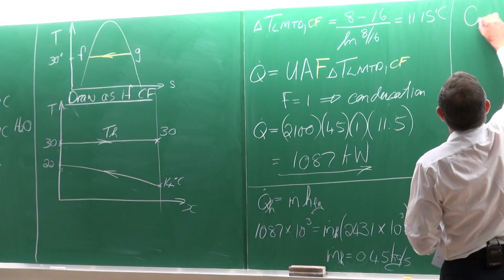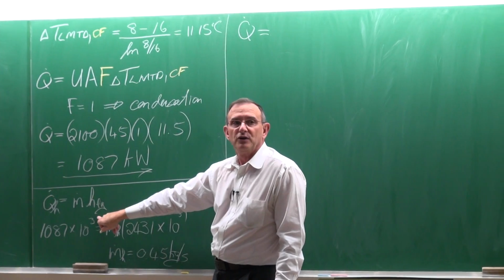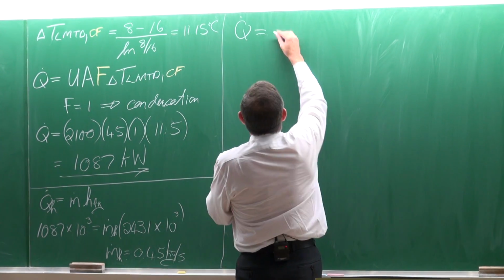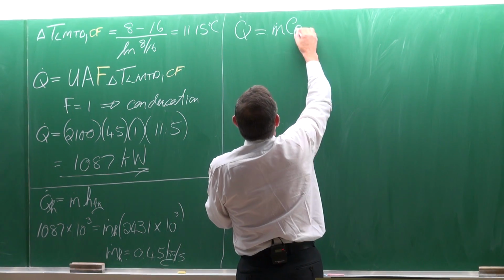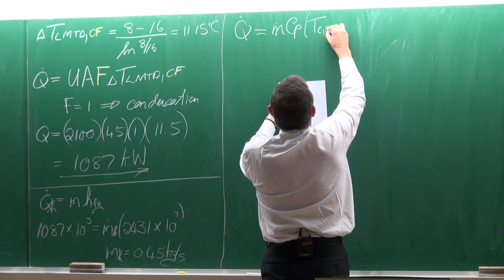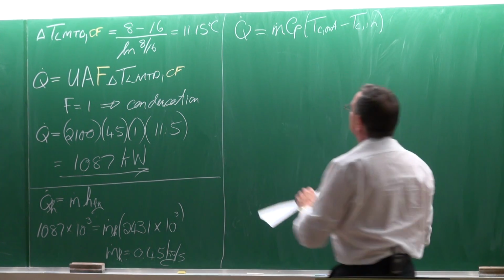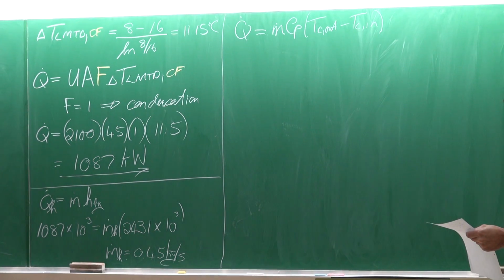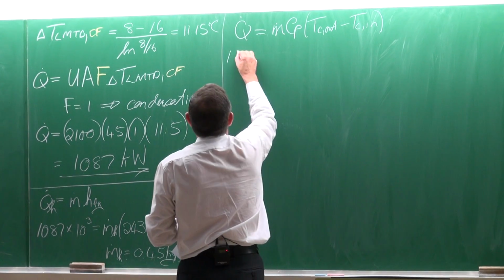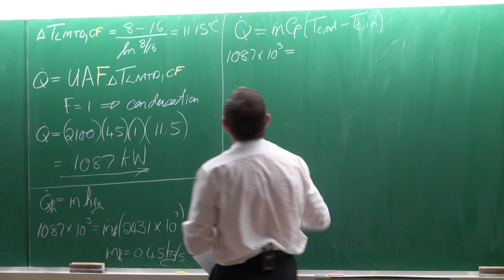Similarly for the water, however, we cannot now say it is equal to the mass flow rate multiplied by the change in enthalpy, because it's not a phase change fluid. It is a single phase fluid, so it is equal to m dot Cp multiplied by the outlet temperature minus the inlet temperature. The heat transfer rate is 1087 multiplied by 10 to the 3.